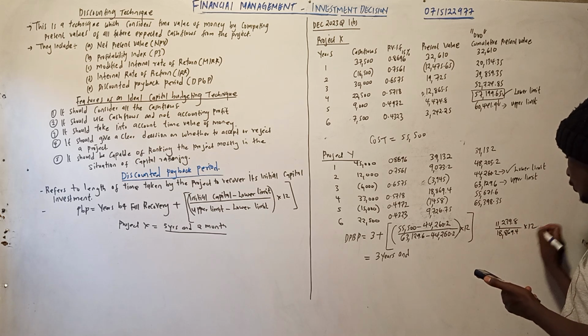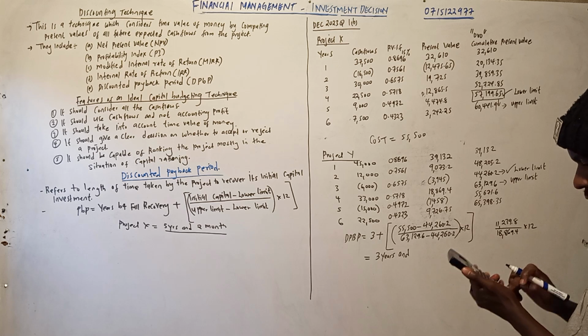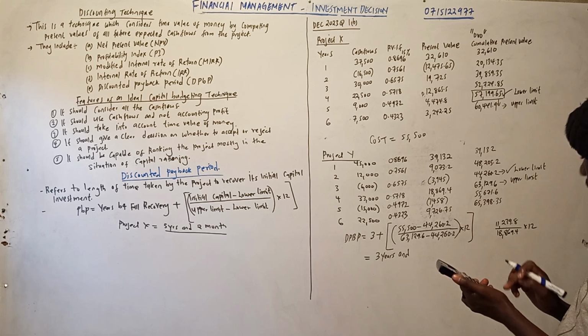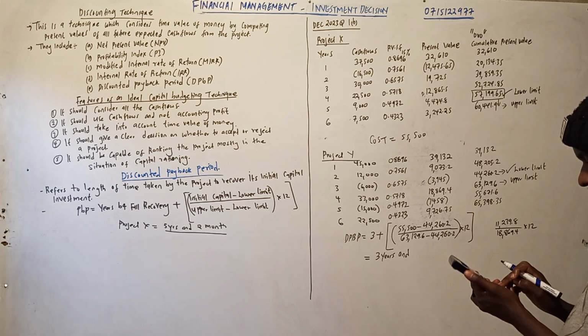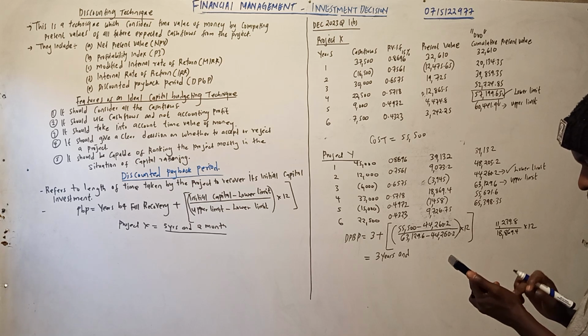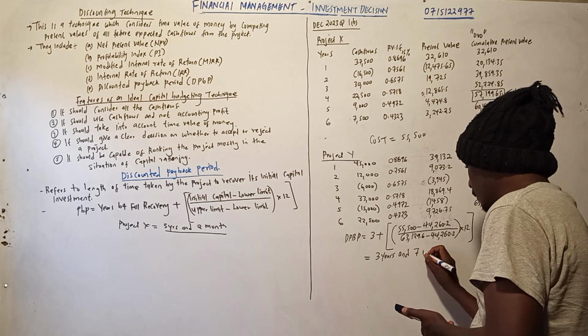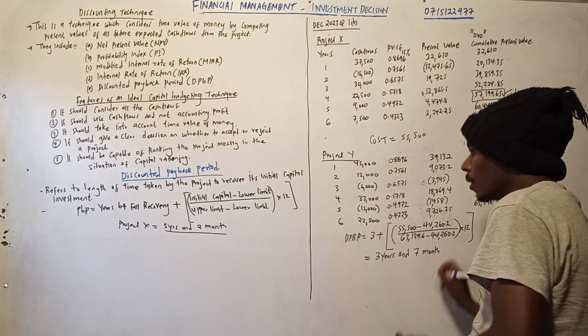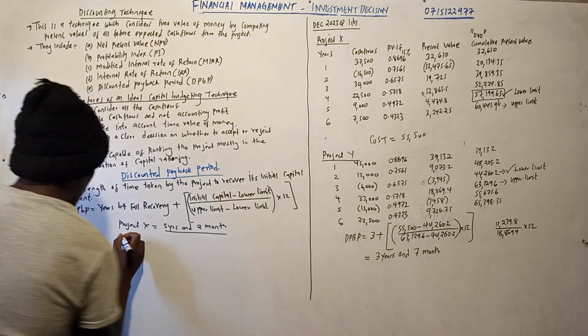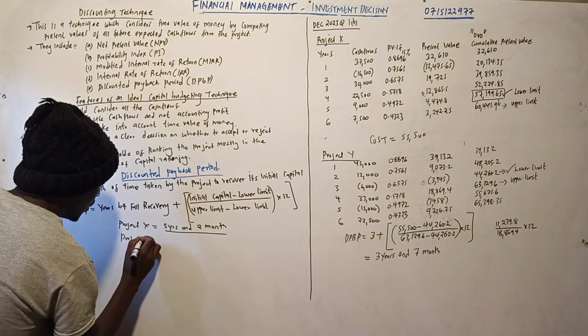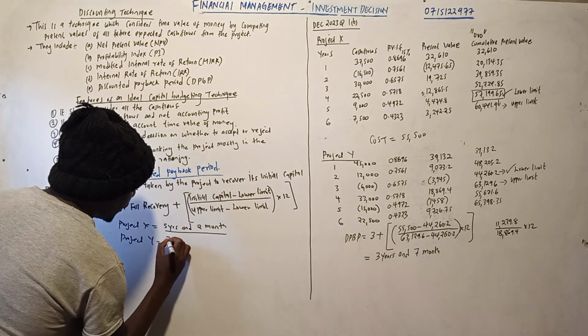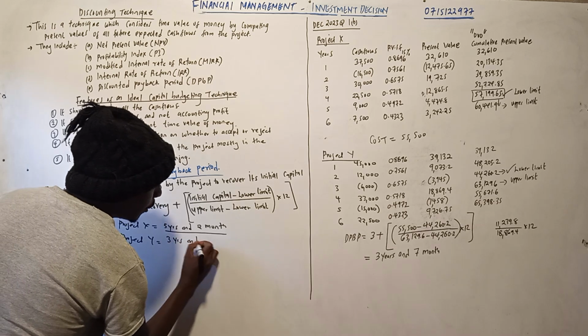Then we multiply by 12 so that we know the month. So we take 11,239.8 divided by the answer, times 12, and 7 months. So this one is for project Y. Project Y, 3 years and 7 months.